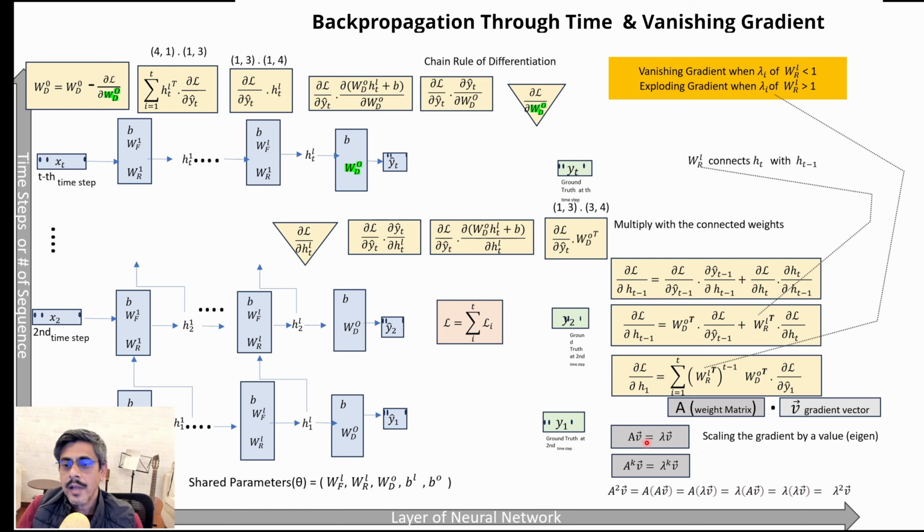That's the vanishing gradient problem. When it explodes, then it suddenly diverges and training cannot progress anymore. These are the two problems which can happen, and this is how the mathematics explains the reason for vanishing and exploding gradient, which in turn affects the ability of the RNN to handle long sequences. It cannot learn long sequences. Okay, so that's about the vanishing and exploding gradient.